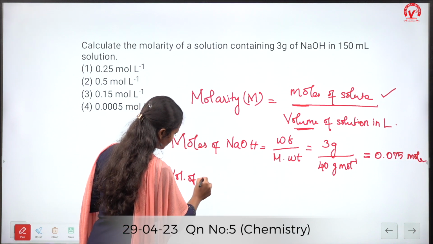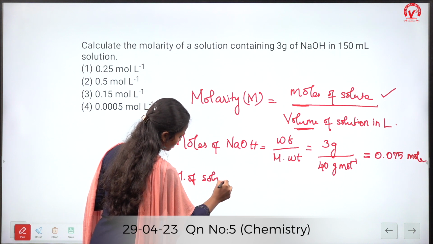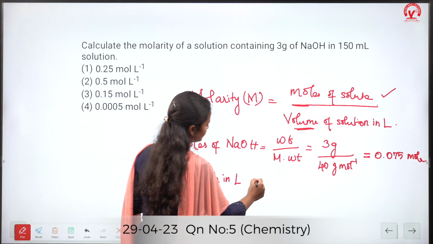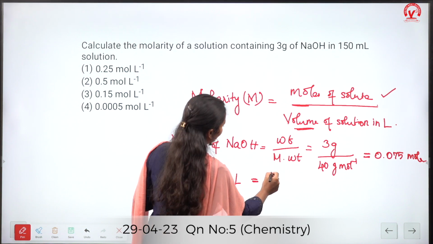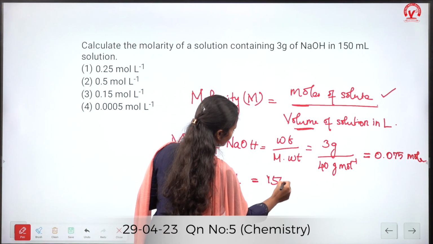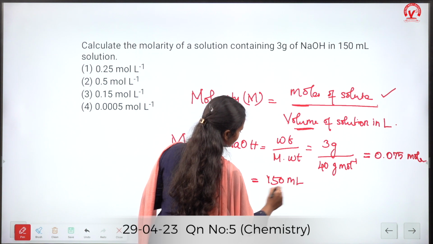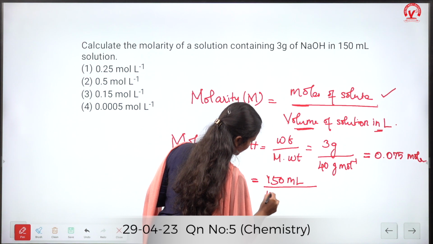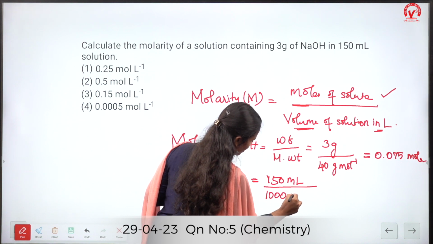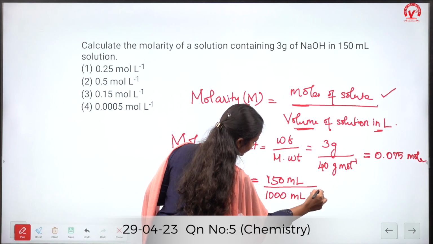Then we have to find the volume of solution in liter. They are giving the volume as 150 ml. To convert to liter, we have to divide by 1000 ml per liter.